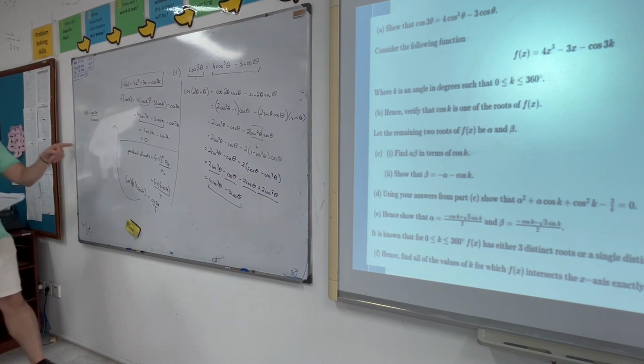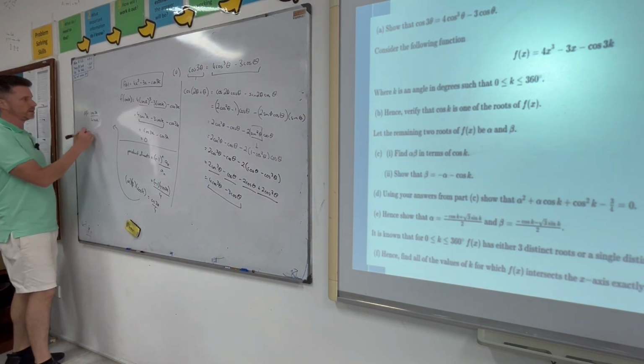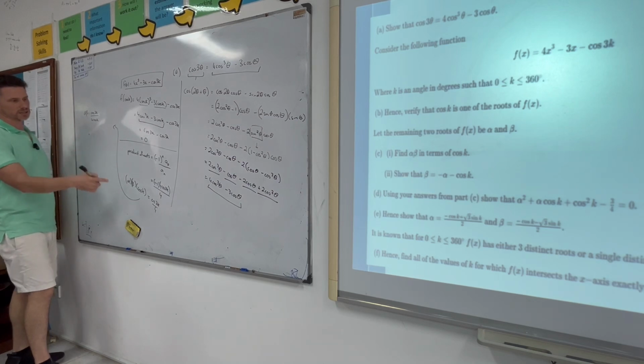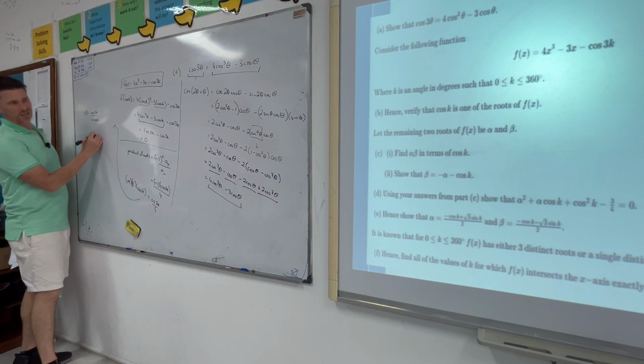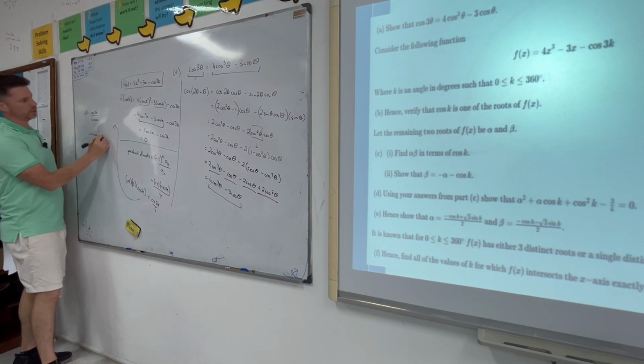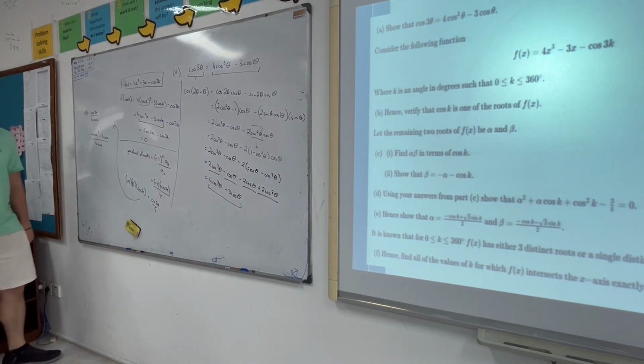This is back to this thing, which means I could simplify this a little bit. Cosine 3k is this, 4 cosine k cubed minus 3 cosine k all over 4 cosine k. So I think a cosine k can go into all of these 3.